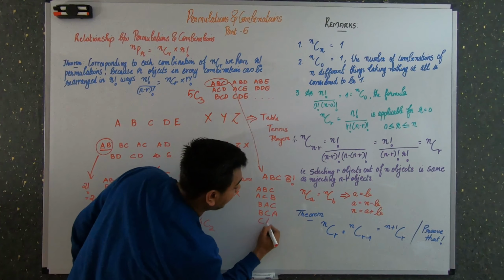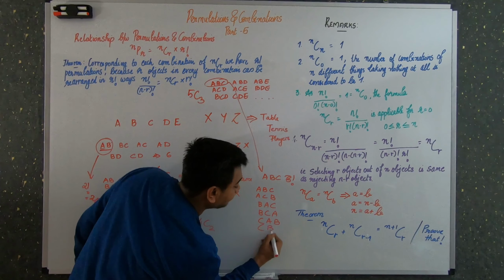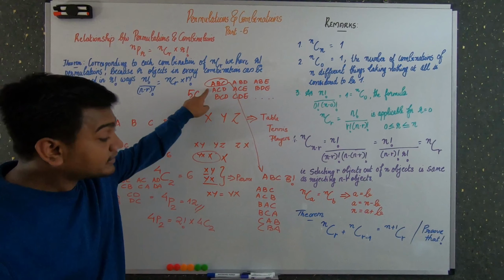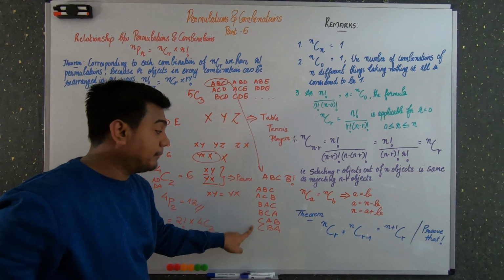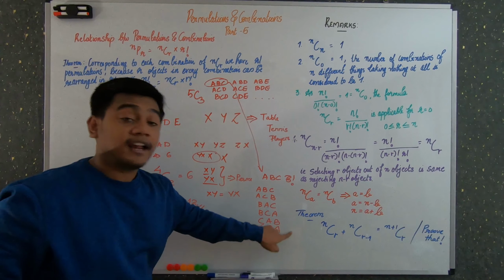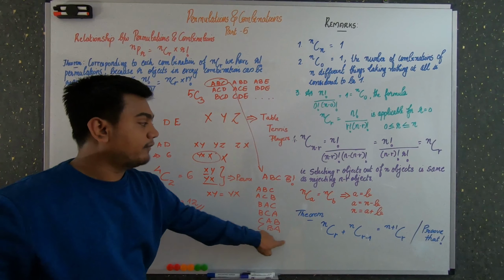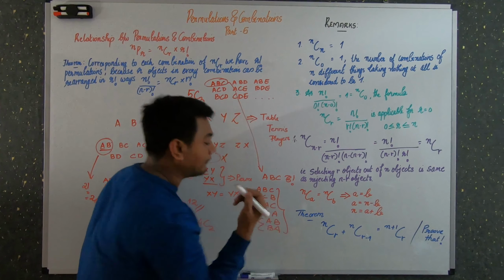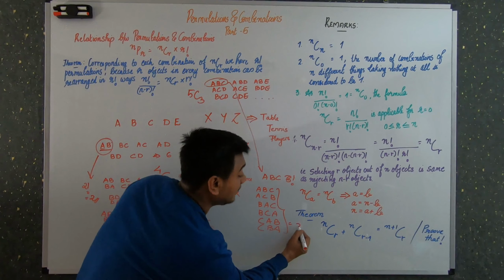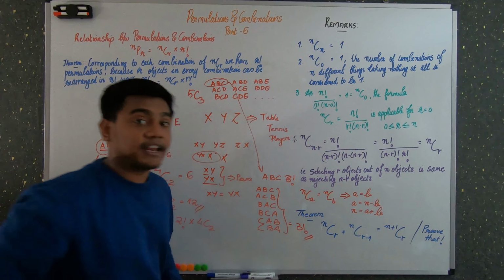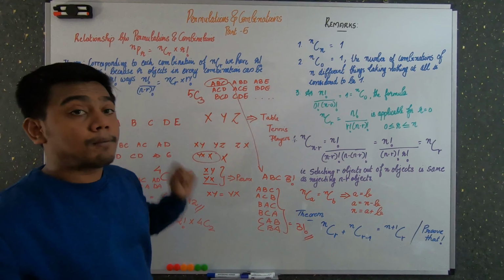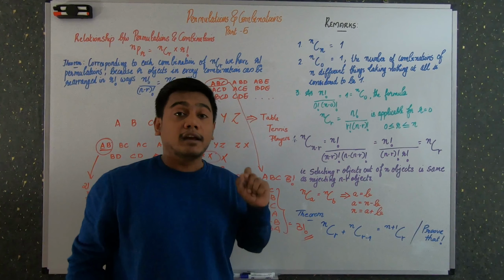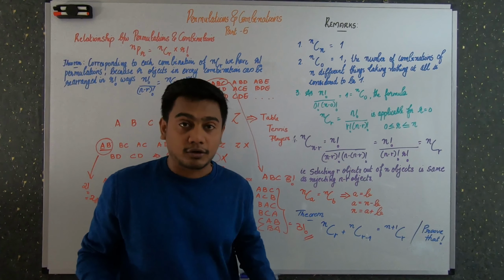Then CAB, CBA. That is, each possible combination can be rearranged in 3 factorial ways, which is not important in combinations. Why? In combination, the order is not at all important.